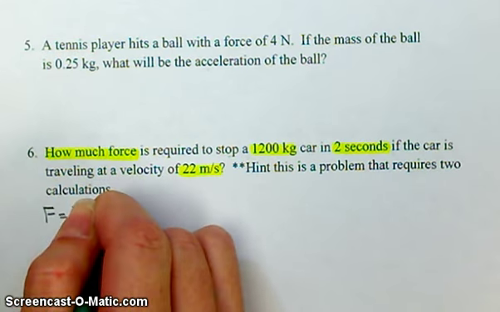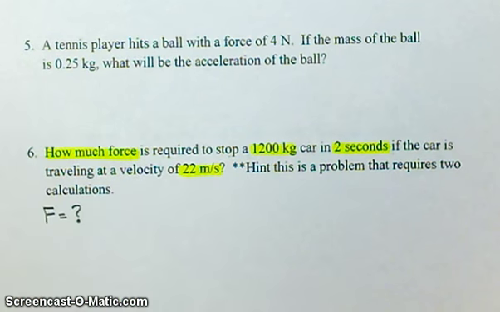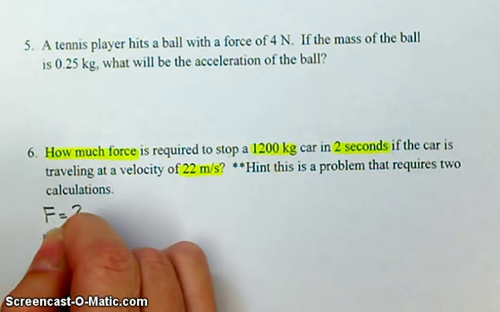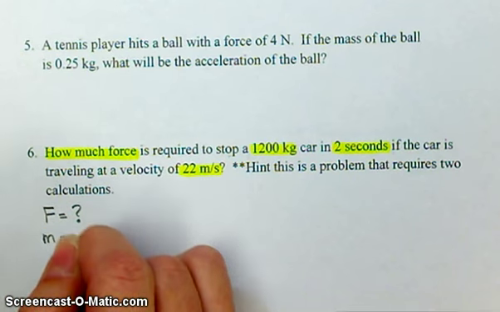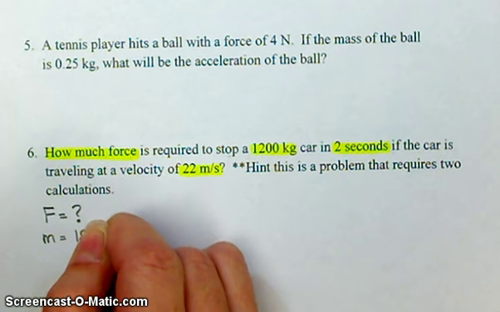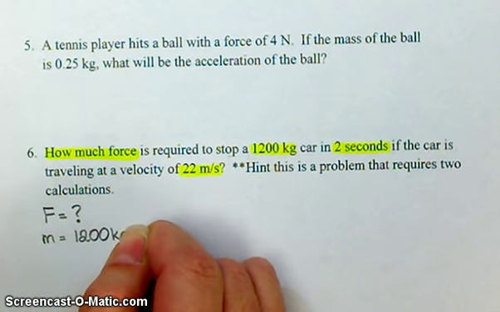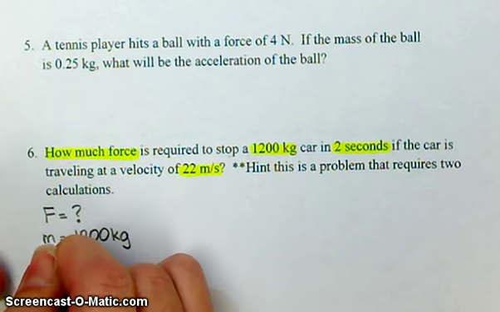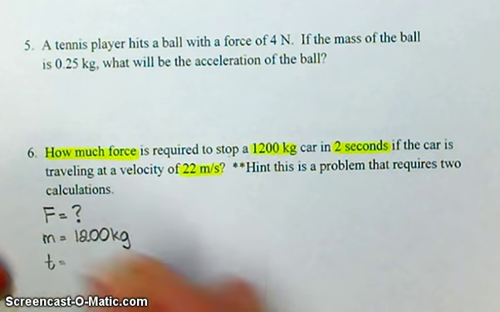Force equals question mark. We have mass, which is, how do you know that that's the mass? Because the kilograms tells you it's mass. Okay, we have time, which is 2 seconds.